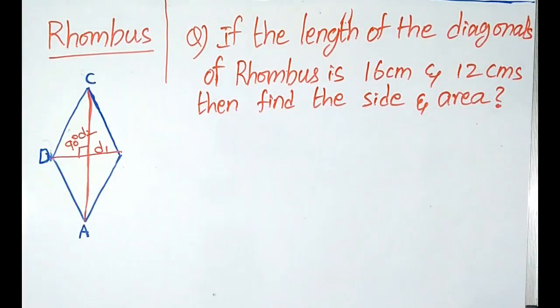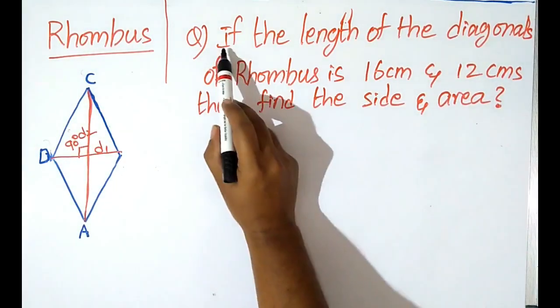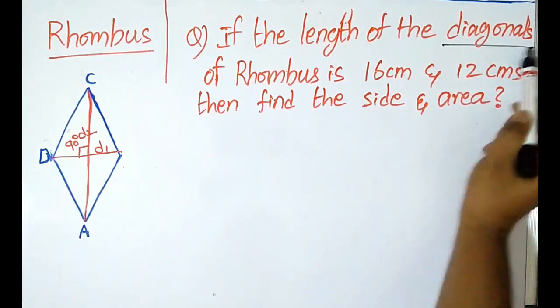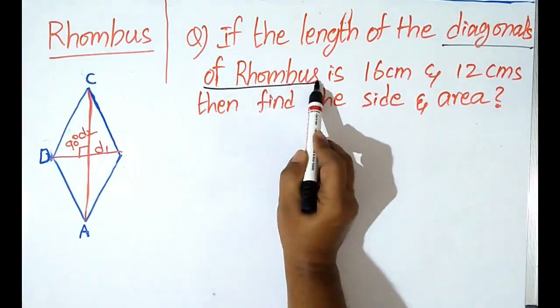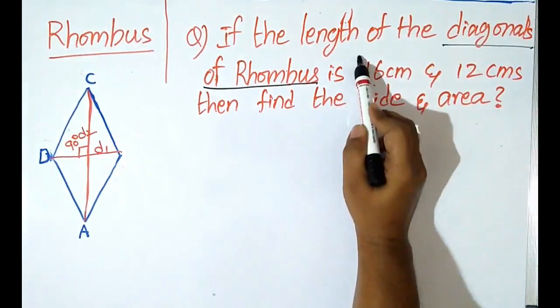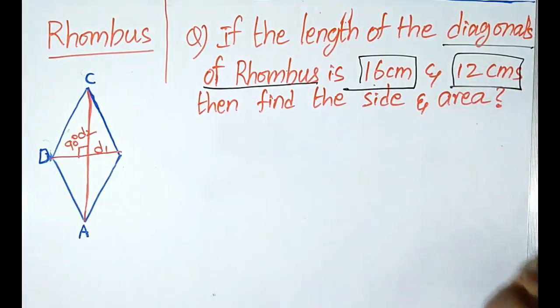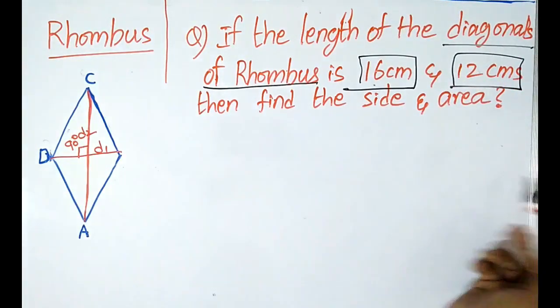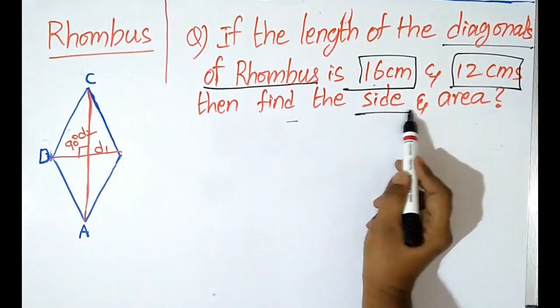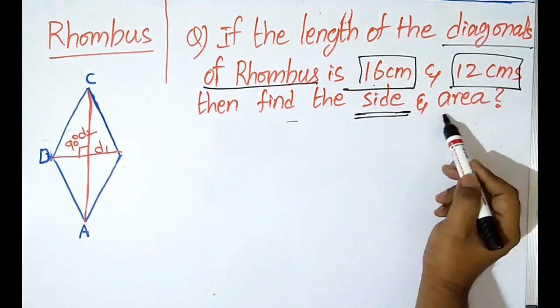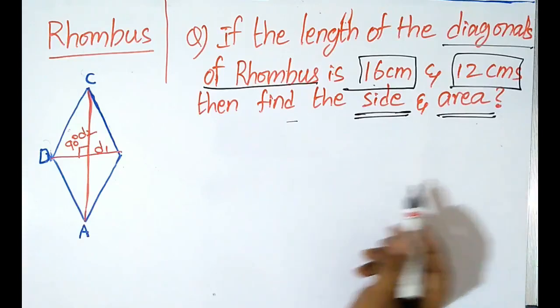Let us see a quick problem in rhombus. If the length of the diagonals of a rhombus is 16 centimeters and 12 centimeters, then find the side and area.